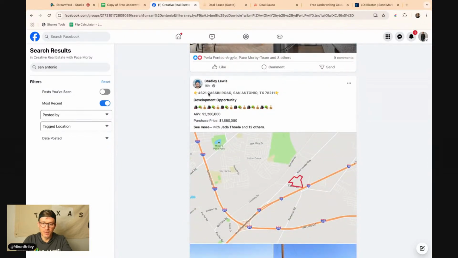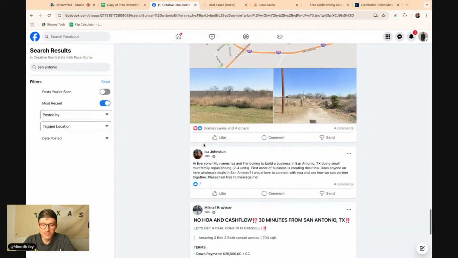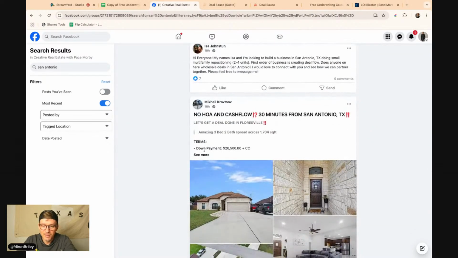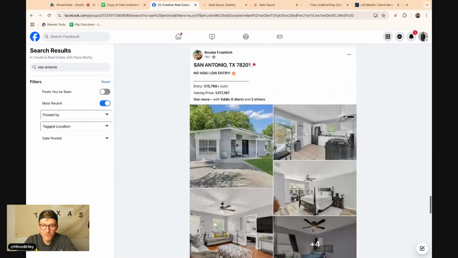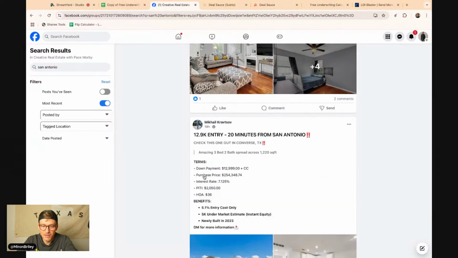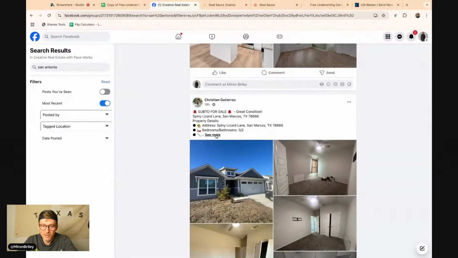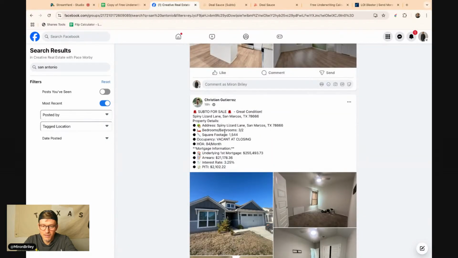Okay, here's one. Development opportunity. Spiny Lizard Lane, San Marcos. I wonder if we could just find this.